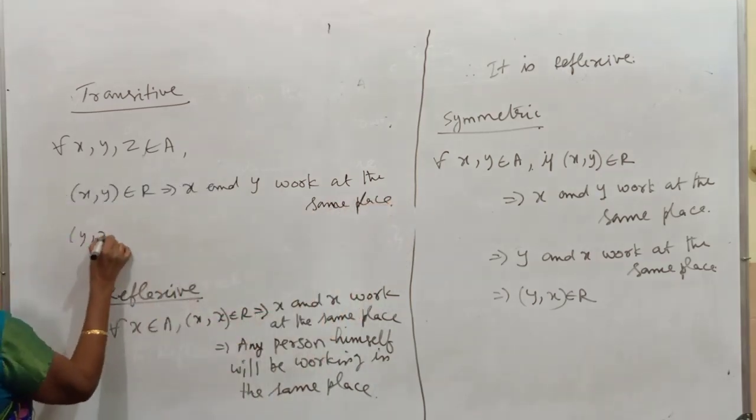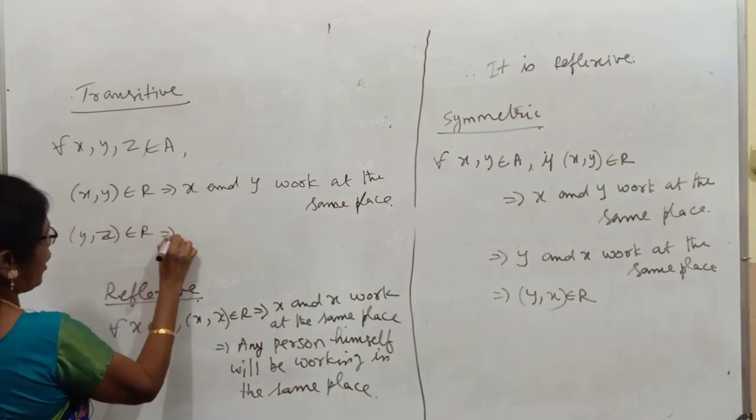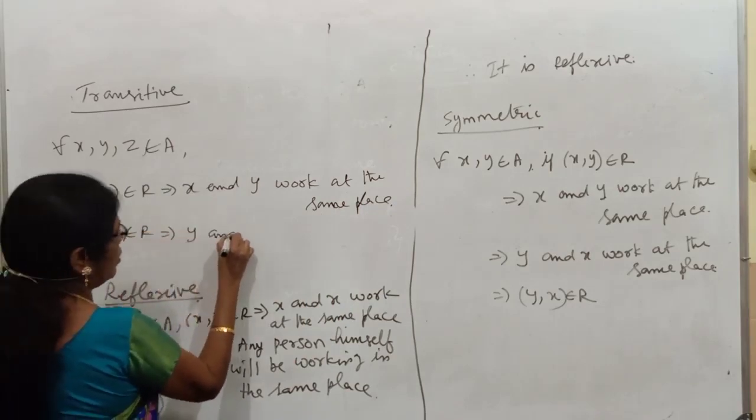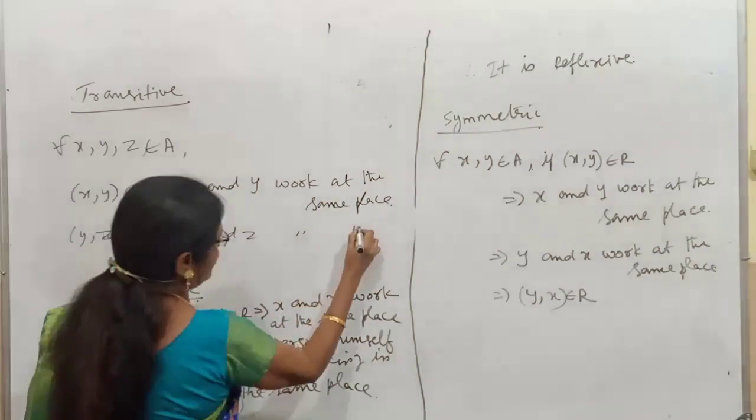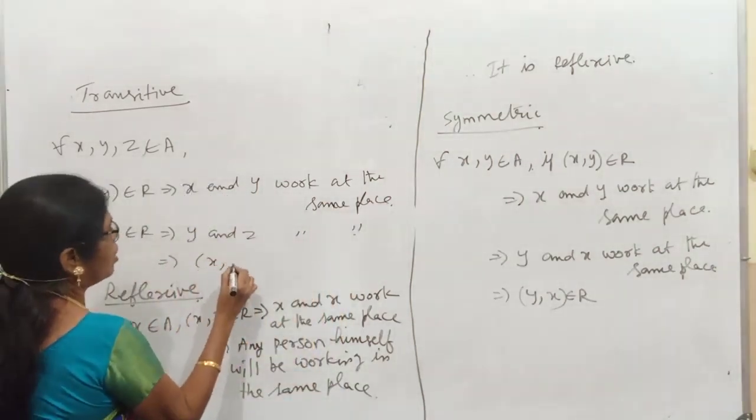Then (y, z) belongs to R implies y and z work at the same place.